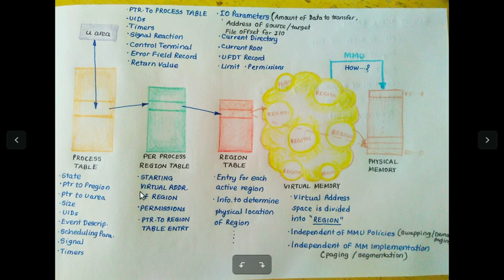Okay, now every process has a P region table. What is this P region table? It holds the starting virtual address of the region. As I said, the compiler always generates virtual addresses, and these virtual addresses are part of the virtual address space.